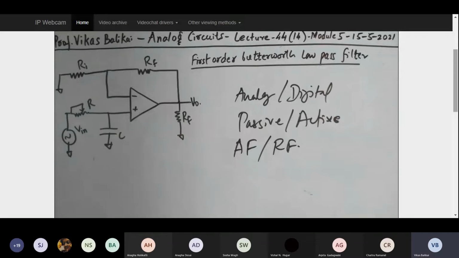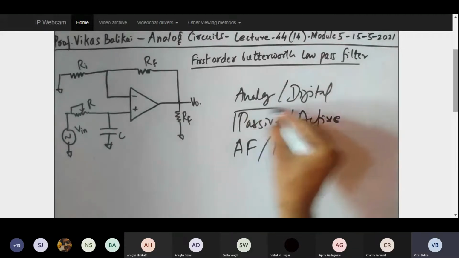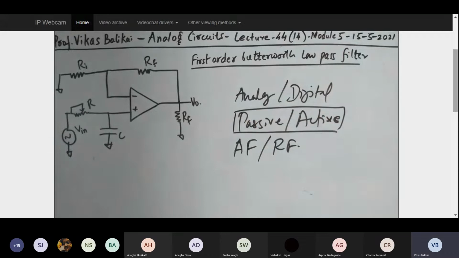Now, depending on the type of elements used in the construction, filters are categorized as passive or active. Analog and digital is with respect to the nature of the signals, but active and passive is classified depending on how we use the elements in building the filter. Passive filters are built using passive elements like resistors, capacitors, and inductors.